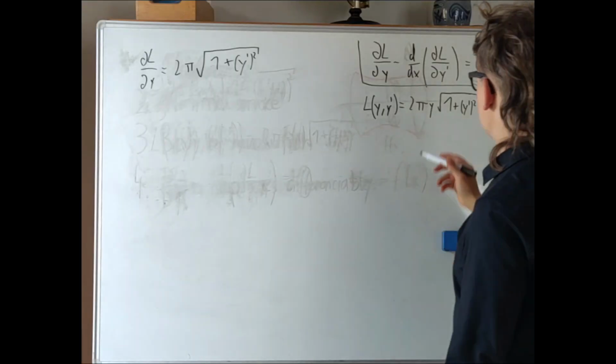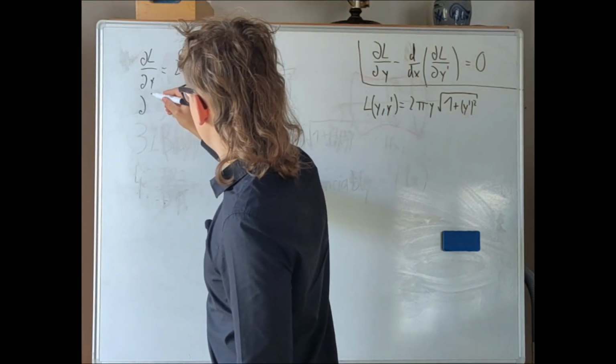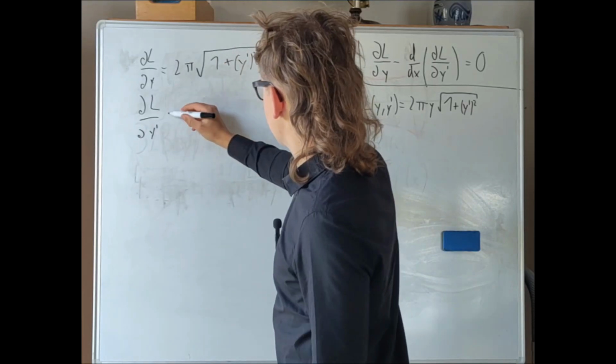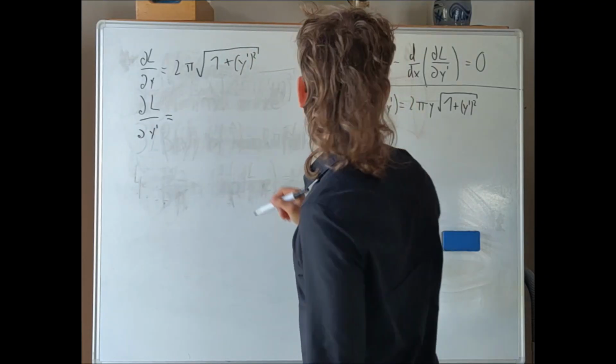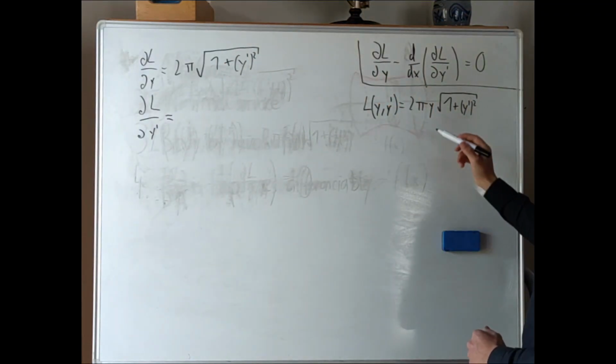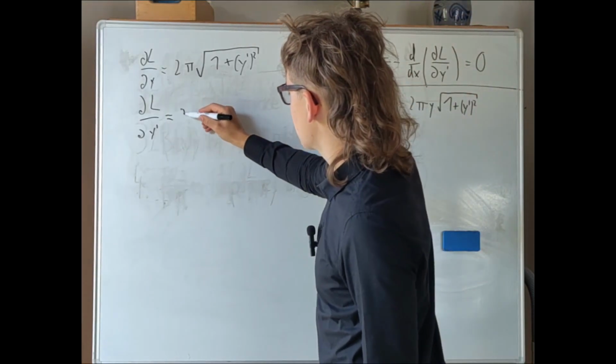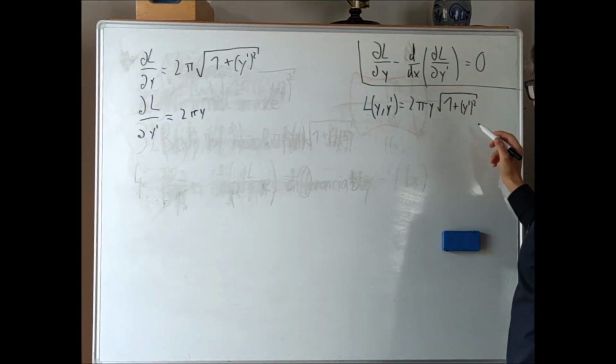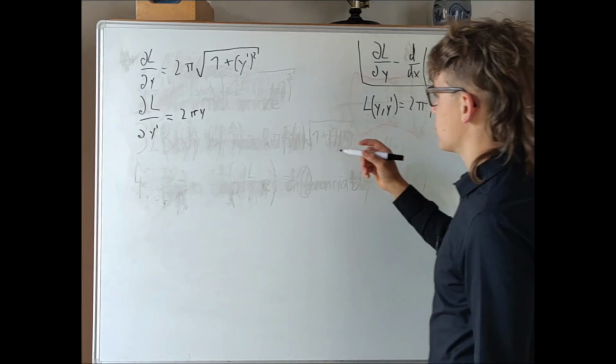So that's not too difficult. So now let's find the partial derivative in terms of y prime. And that's a bit more tricky because, well, first of all, this is all a constant, so we can write all of this out. And now we need to differentiate that, so it's also not too hard.